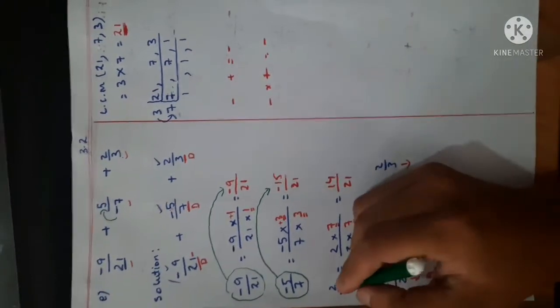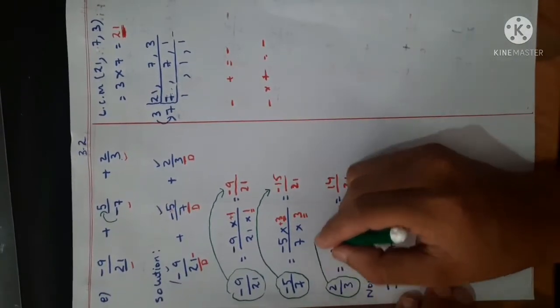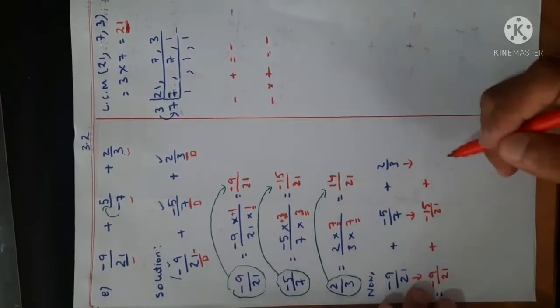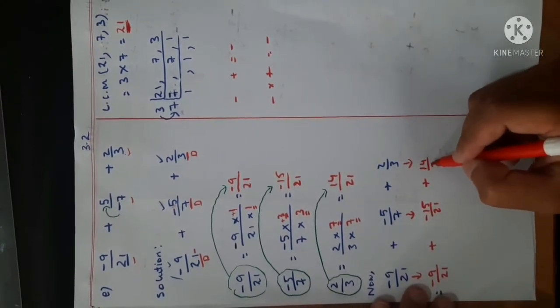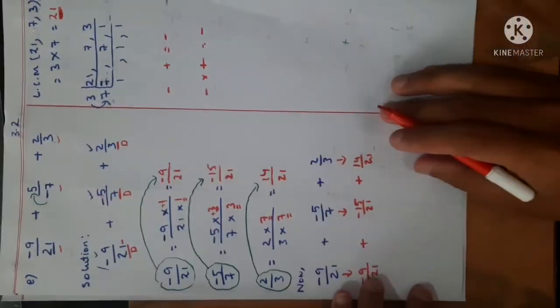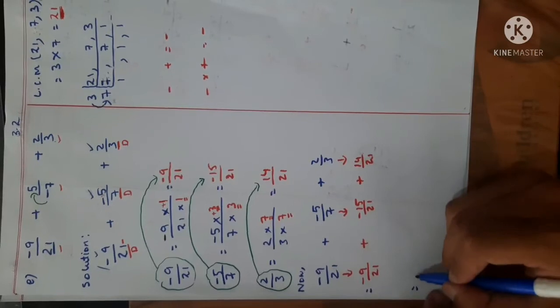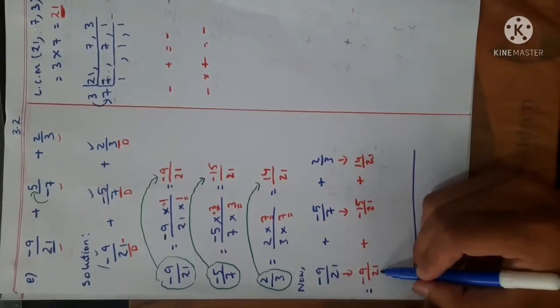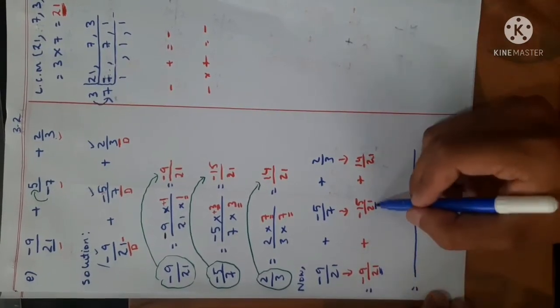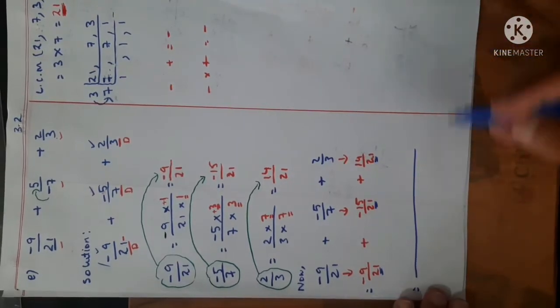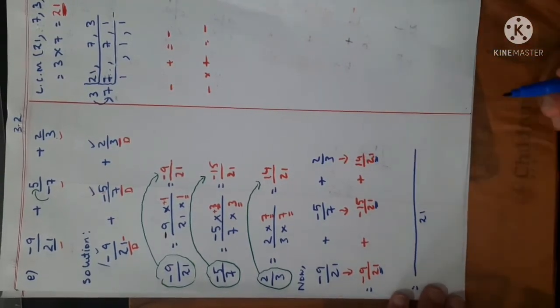In place of 2 by 3, we write 14 by 21. So now we have the denominator the same throughout, isn't it? The denominator is 21 here, here also 21, and here also 21. So we just write 21.